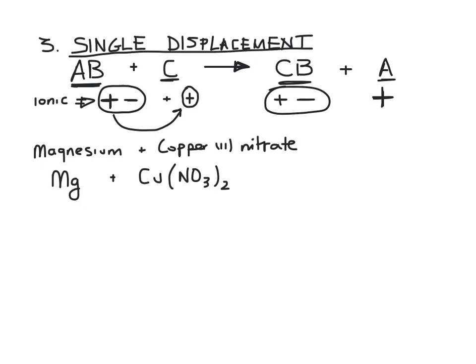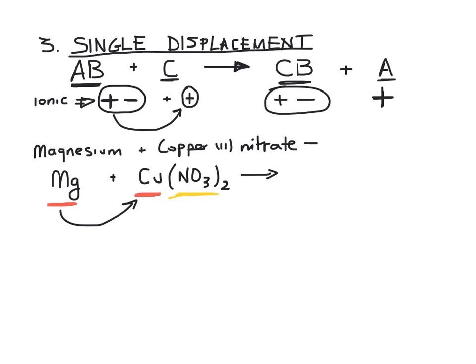Okay, so looking at this, I'm just going to underline the positive, because magnesium, when it becomes an ion, would be positive. Copper is the positive ion, and nitrate is the negative ion. Okay, so when you go to form, or predict what the products would be, these are basically going to swap places.